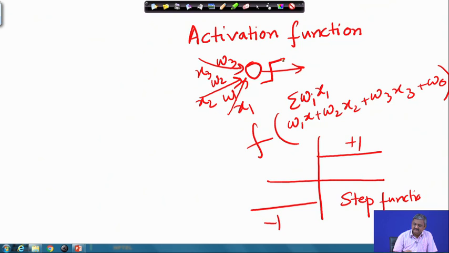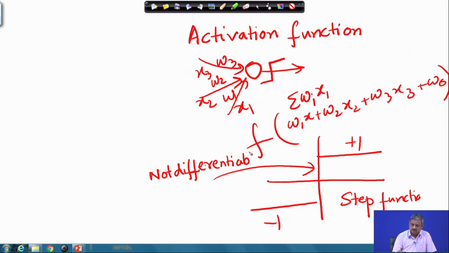But one problem with this step activation function is that it is not differentiable at the corner of the step. But when you are doing gradient descent, some kind of derivative has to be taken, differentiation has to be done.